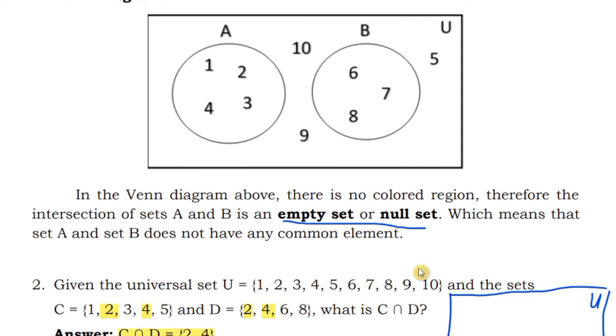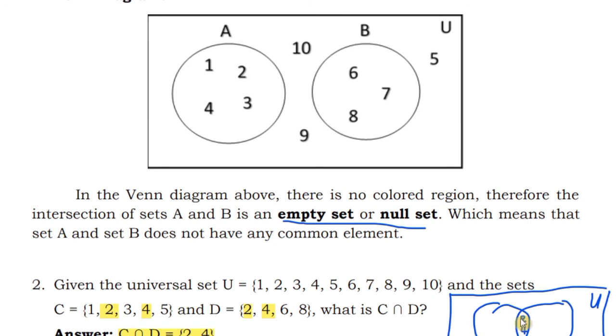Here we have set C and here we have set D. They have 2, 4 in common, and we have to start with the common elements in writing the Venn diagram.